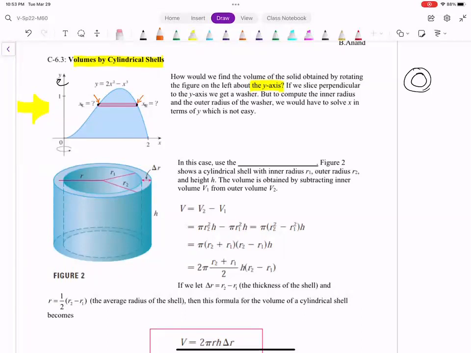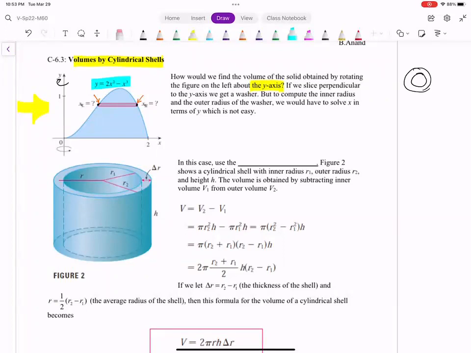Normally the problems that we did in the last section all had two curves, one for the inner and one for the outer. Now, this whole graph is made up of one single graph, which is y equal to 2x squared minus x cubed. So we don't have two different equations to write x left and x right. Inner radius and outer radius are not two separate functions.